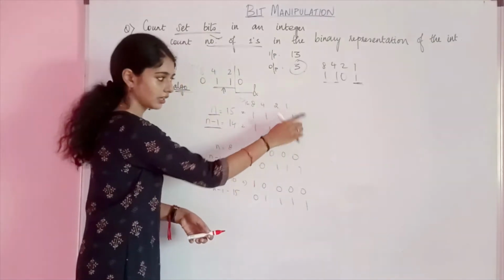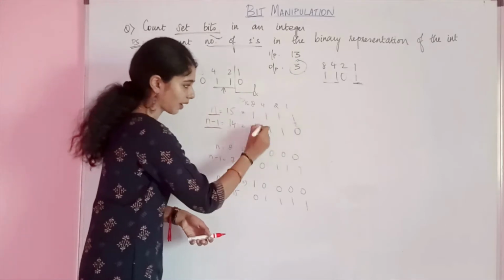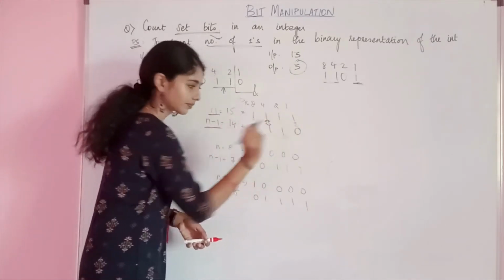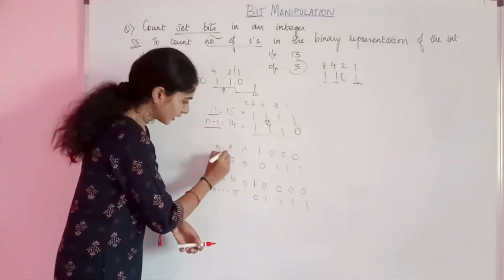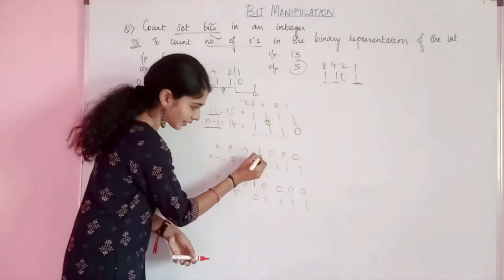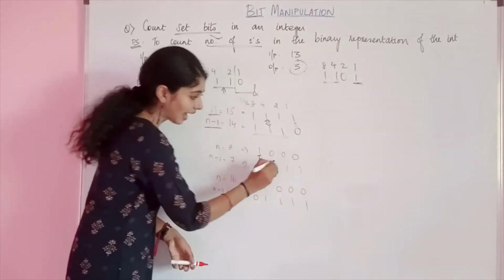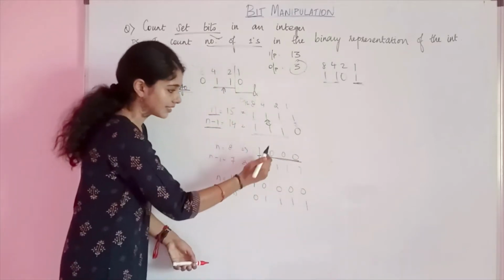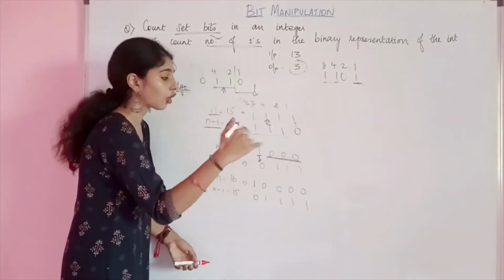The rightmost set bit is swapped and all the others remain the same. Similarly here, what is the rightmost set bit? This is my rightmost set bit, that is getting swapped, and every other bit after the rightmost set bit will also be swapped.